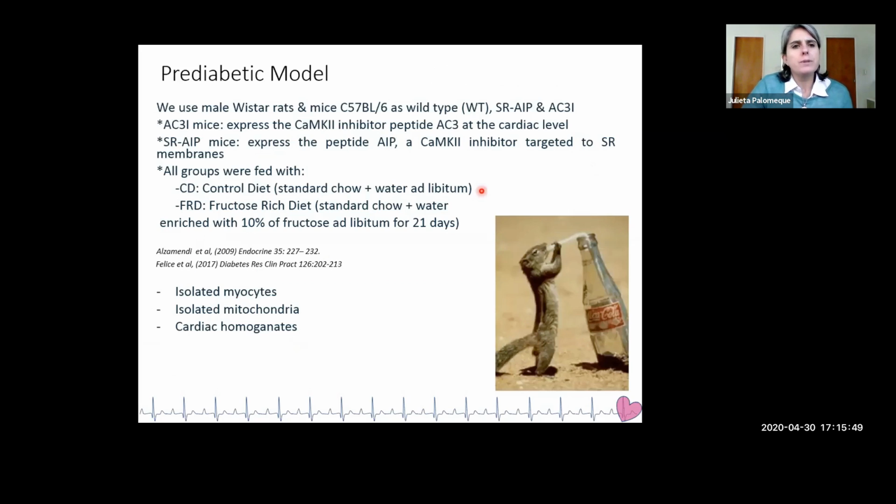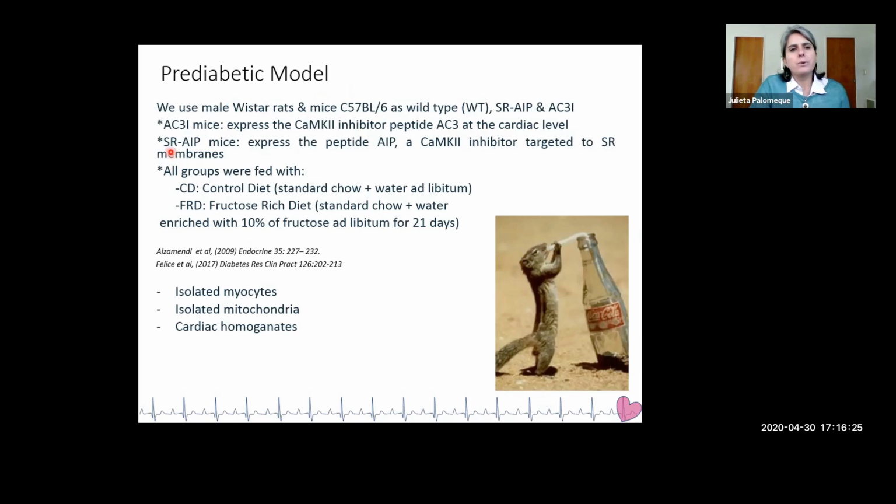Our prediabetic model was made in male Wistar rats, and in C57 mice as wild type, and SR-AIP and AC3-I mice. The AC3-I mice express the CaMKII inhibitor peptide AC3 at the cardiac level, and was given by Mark Anderson's lab several years ago, and we worked with his collaboration.